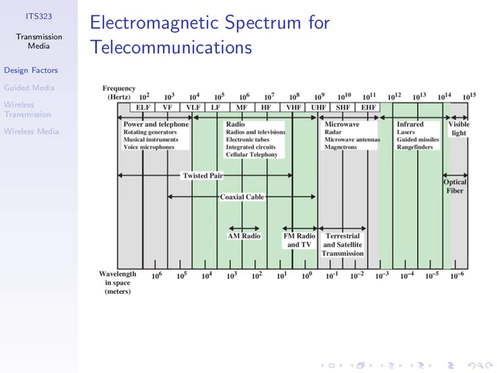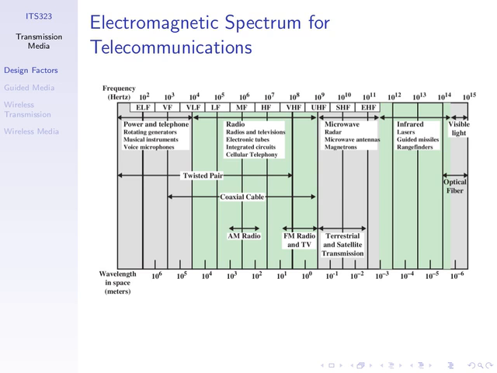We've spoken about bandwidth, frequency and spectrum. This is a diagram of the electromagnetic spectrum used for communications. So first, how do we read it? It's showing frequency.